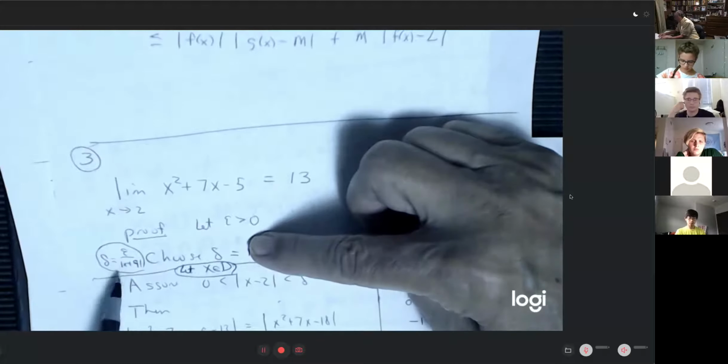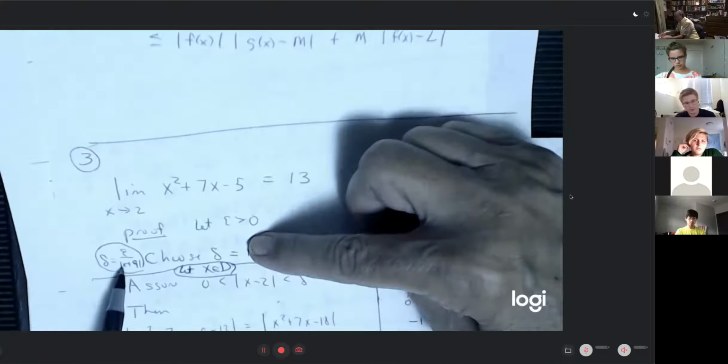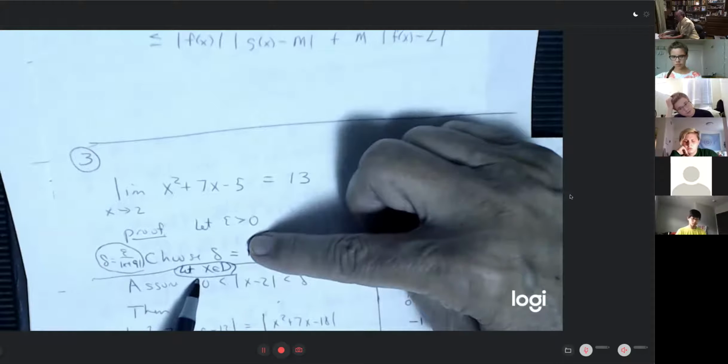What is this x up here? That is an x before I choose x. Logically, that makes no sense. If I don't buy a stock until tomorrow in the stock market, then I can't say I made any money today.